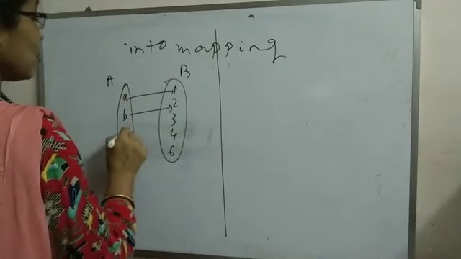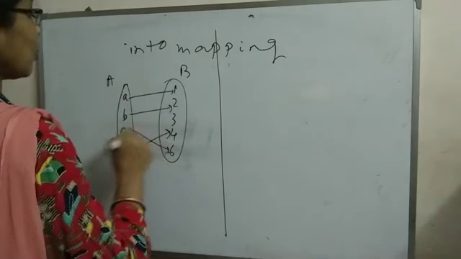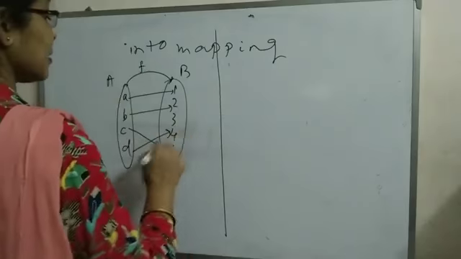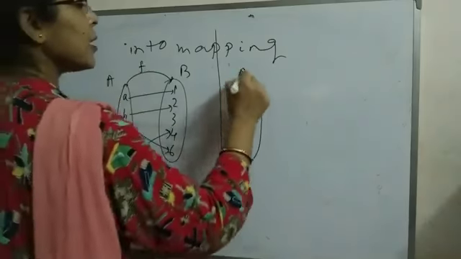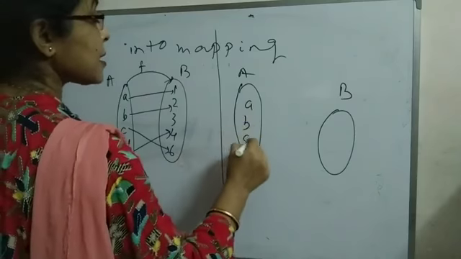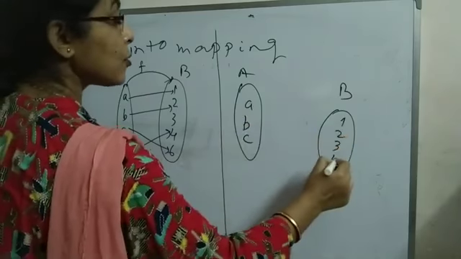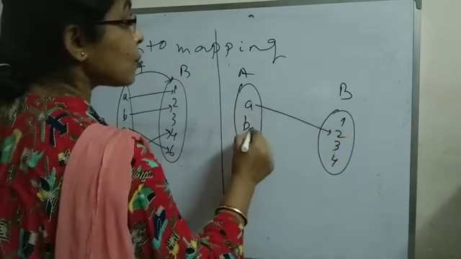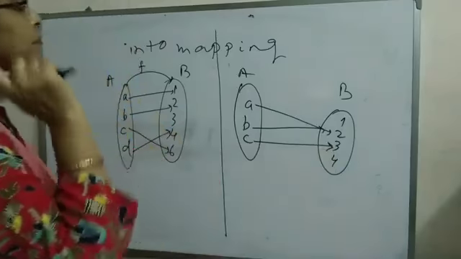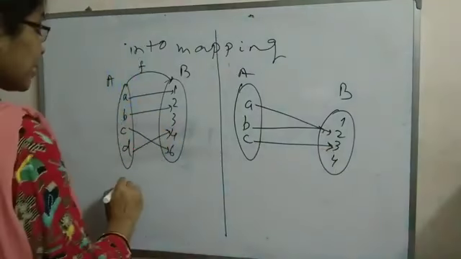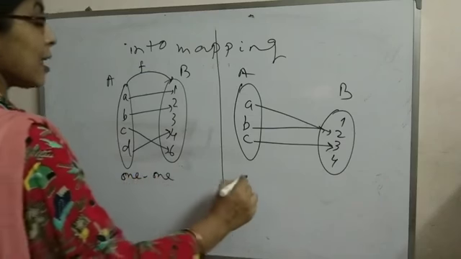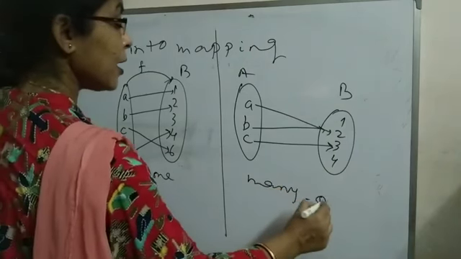Then the second example: A: a, b, c; B: 1, 2, 3, 4, with a to 2, b to 2, c to 3. This is into mapping. This is one-one and this is many-one into mapping.